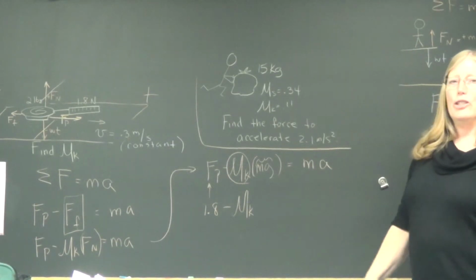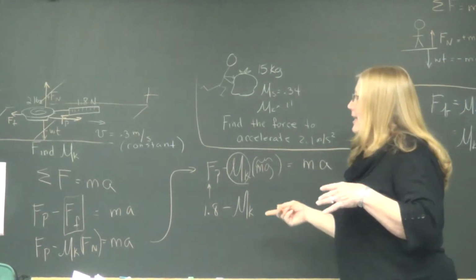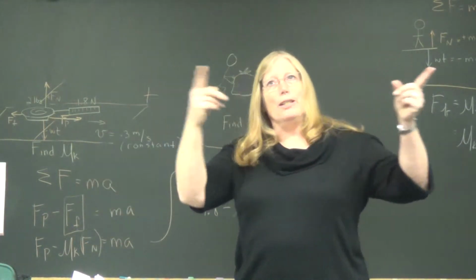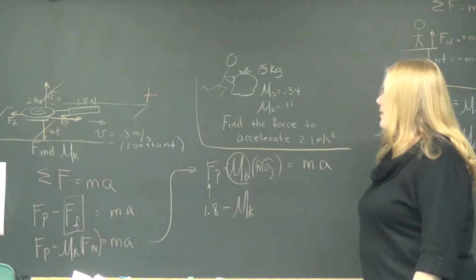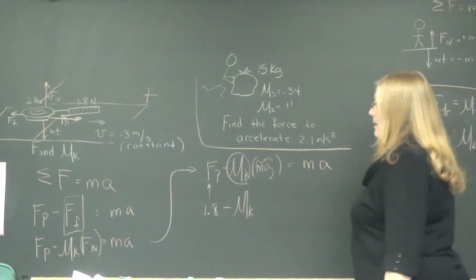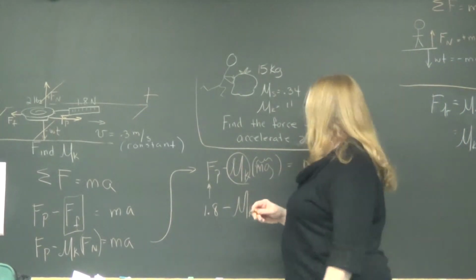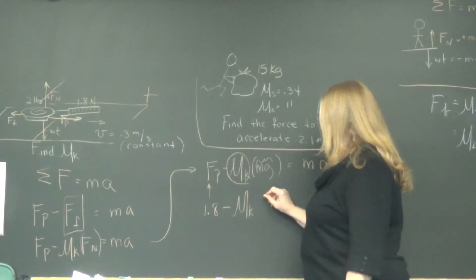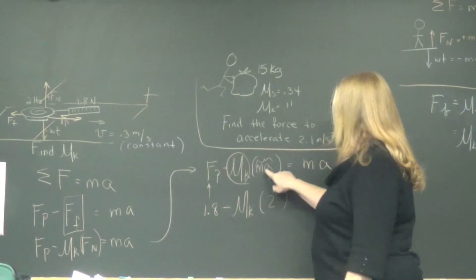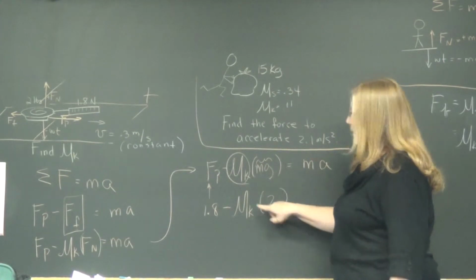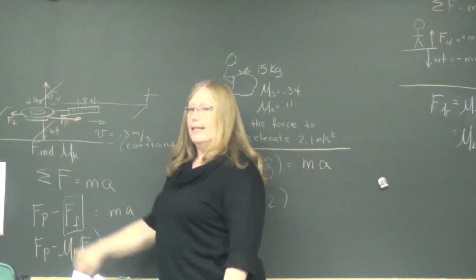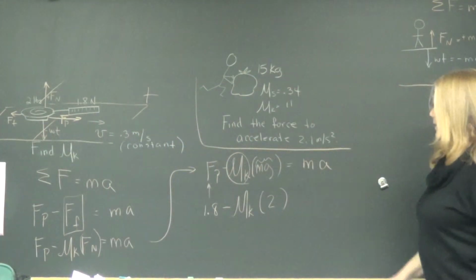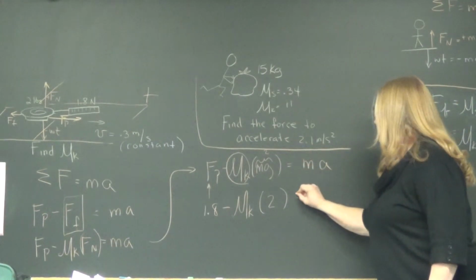Just 2 pounds. We could switch it back to kilograms by F equals ma or F equals mg, but since we already know the two together, let's just replace that with the 2. mg can be 2 pounds. It comes from right there. So this is 2 in this case.